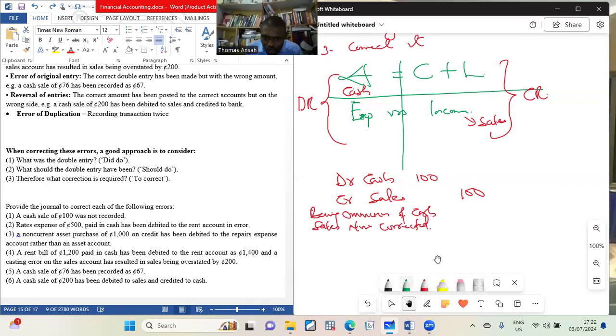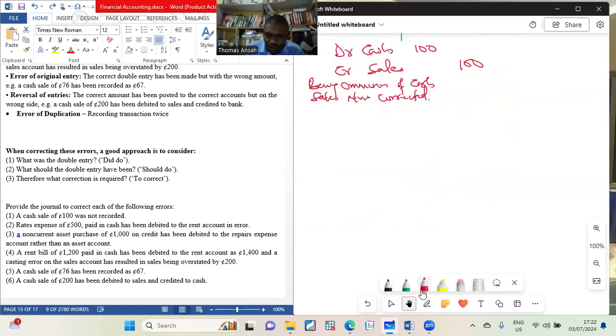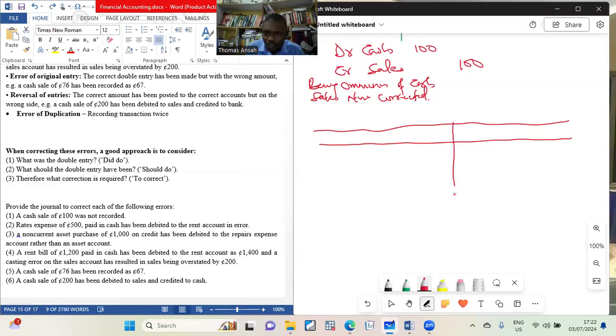So your general journal will look like this, and we learned this in basic accounting, I think in the fourth video or so. So you have your particulars or details, then you have your debit here, and you have your credit here.